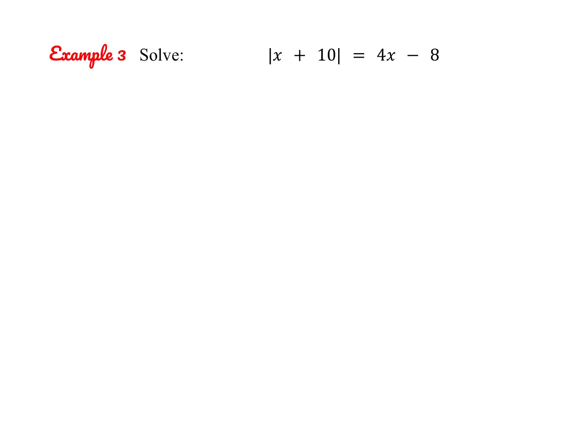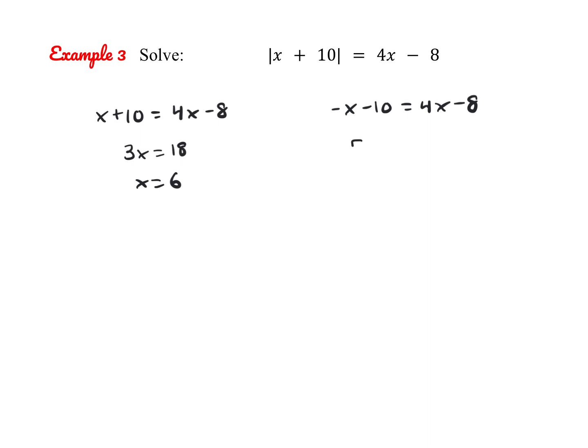All right, let's try another one together. So here our absolute value is already isolated. So let's set up our 2 cases, our positive case and our negative case. So remember, everything inside your absolute value becomes opposite. So here we have 3x equals 18.